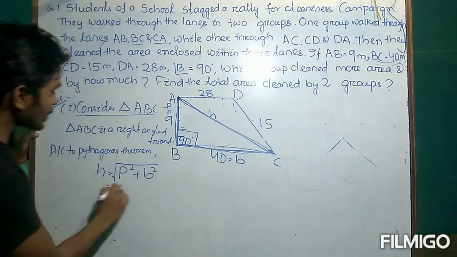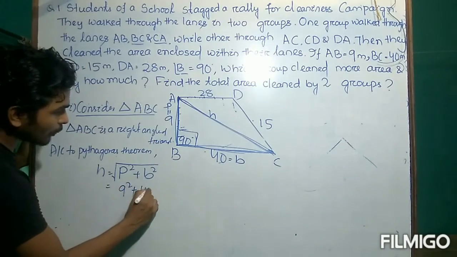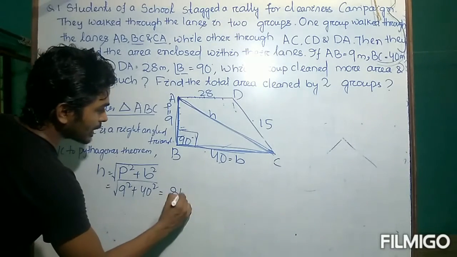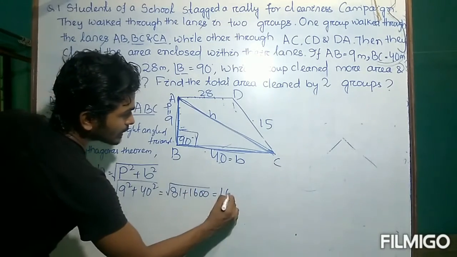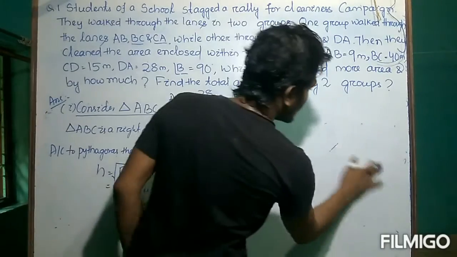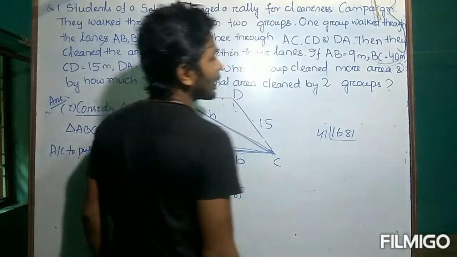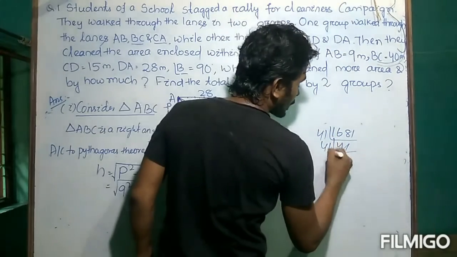Now find H. H is the square root of P square plus B square, that is 9 square plus 40 square. 9 square is 81, 40 square is 1600, so the square root of 1681. Now you can factorize 1681 to find its square root: 41 times 41.